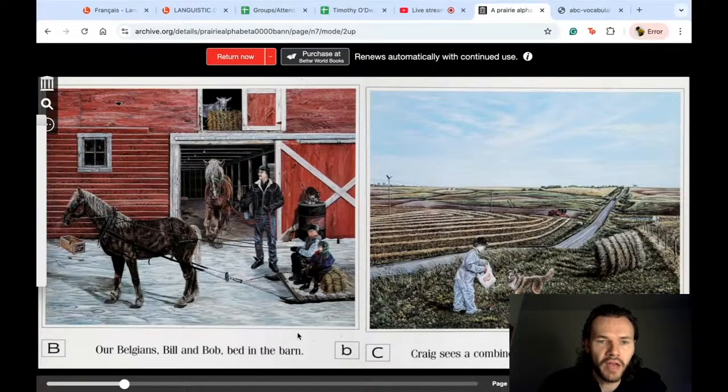And this big red building is called a barn. A barn is where animals sleep. They sleep in the barn. We see barns on farms.